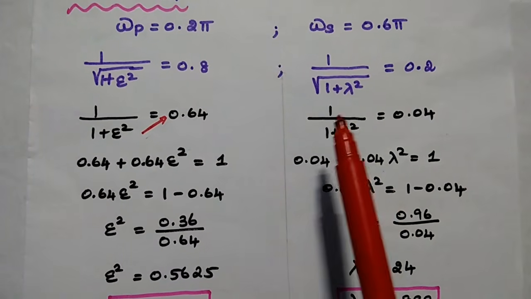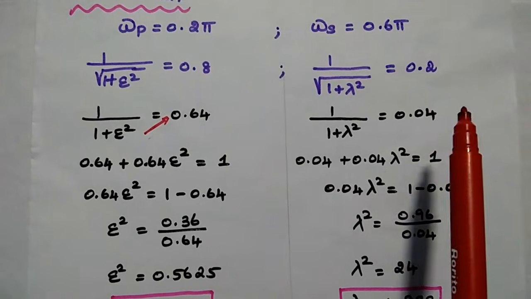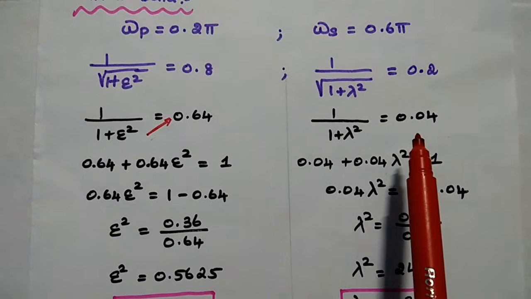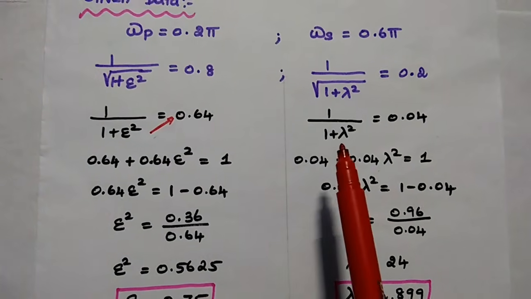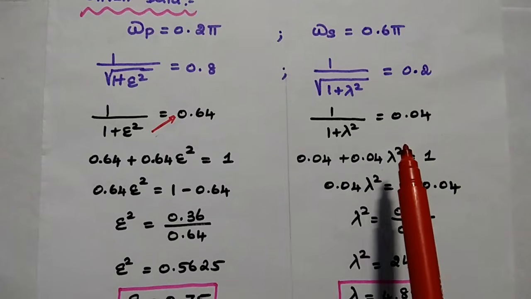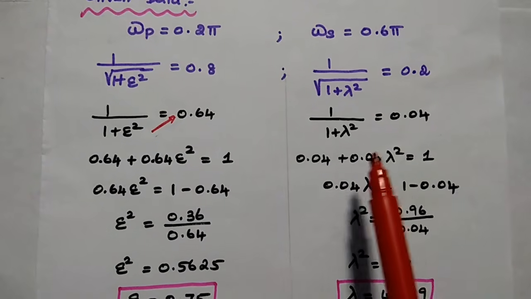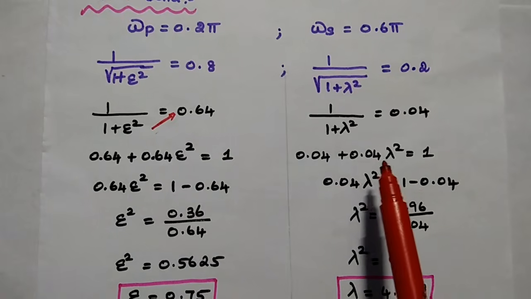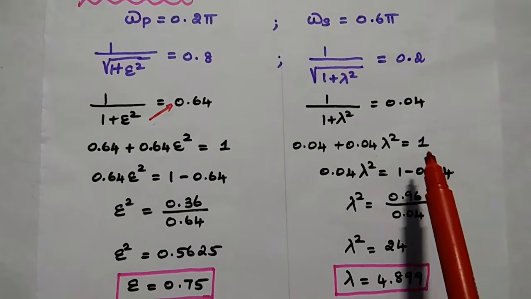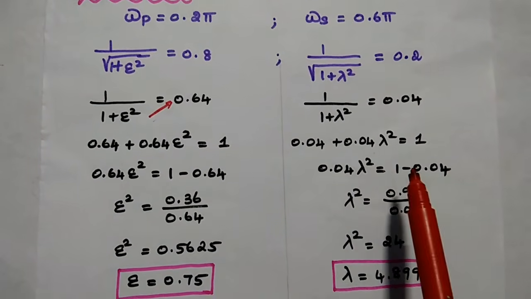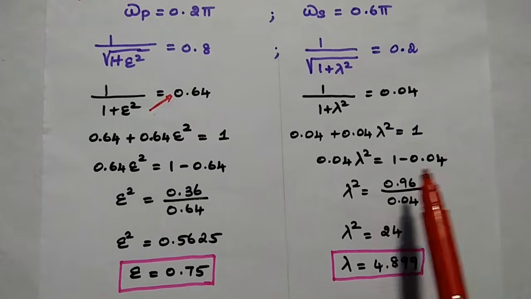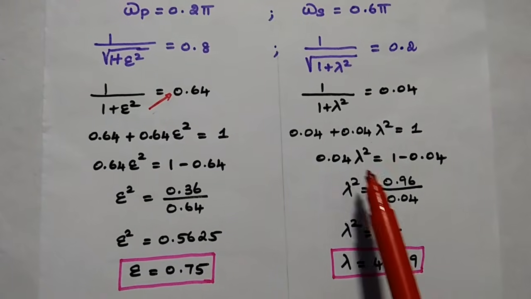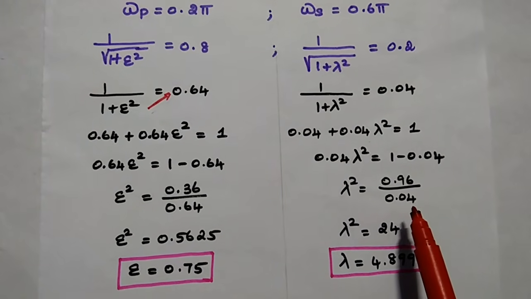So 1 divided by square root of 1 plus lambda squared is equal to 0.2. Square on both the sides, then we can get 1 divided by 1 plus lambda squared is equal to 0.04. And then cross multiply this value, we can get 0.04 plus 0.04 lambda squared is equal to 1. Then we can move this 0.04 to this right hand side and then subtract that value and move this 0.04 to this right hand side as a denominator.